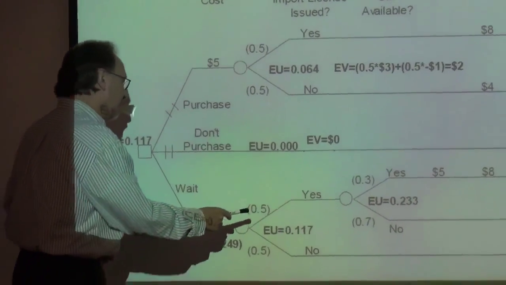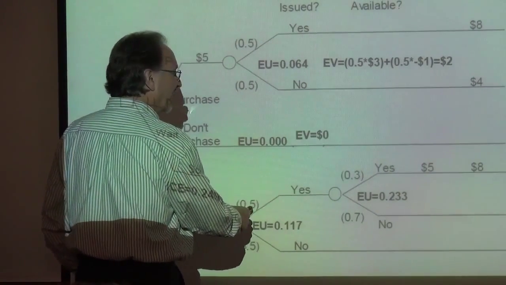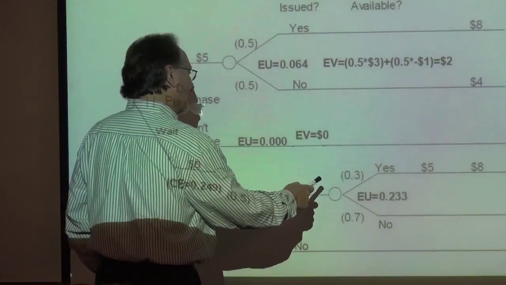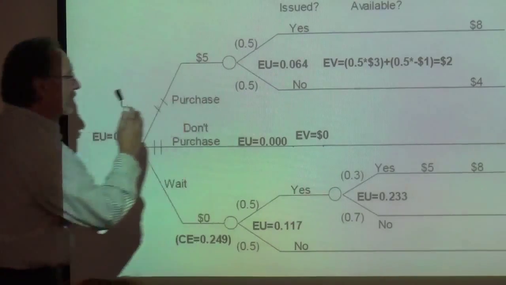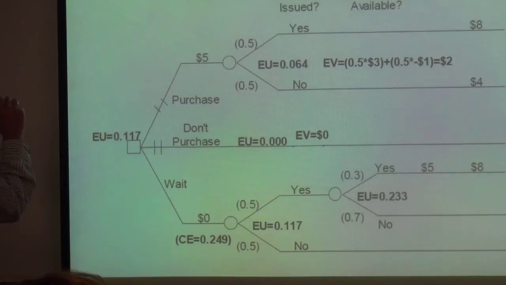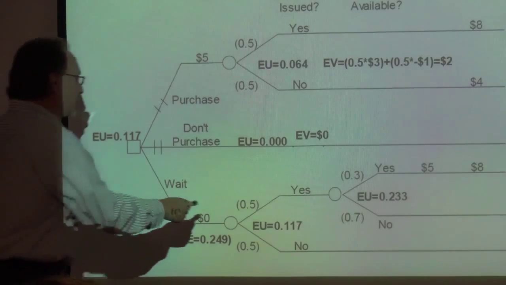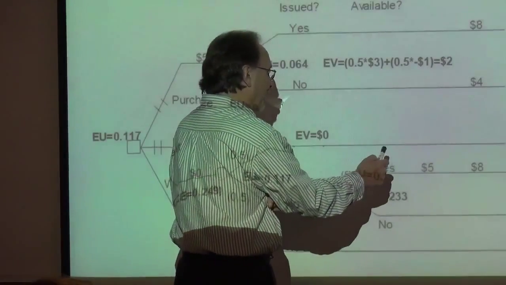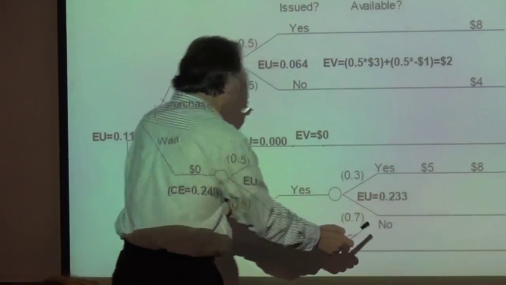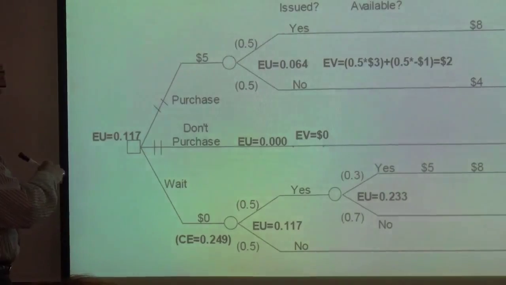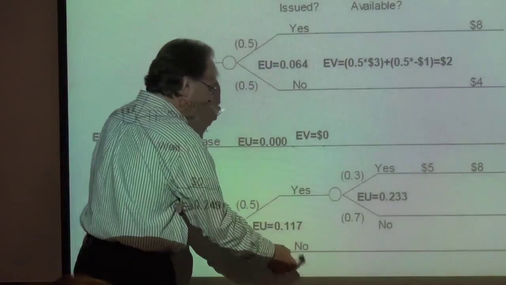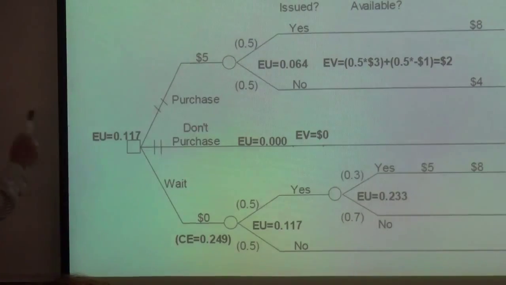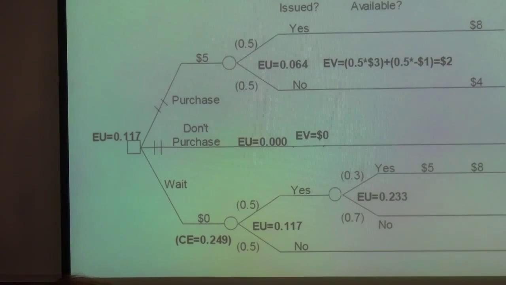So, then I go back here and I take my expected utility. The expected utility here is 0.5 times 2.33 and 0.5 times 0. So it's basically 0.5 times 2.33, and that's where we get 0.117. Okay.